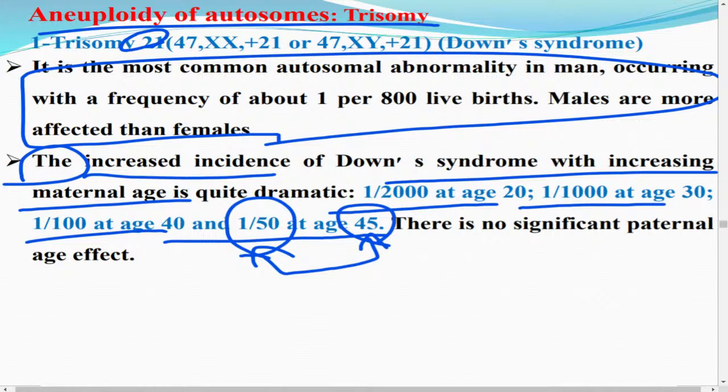That's why women should marry at a younger age to avoid Down syndrome, which could occur at this age.